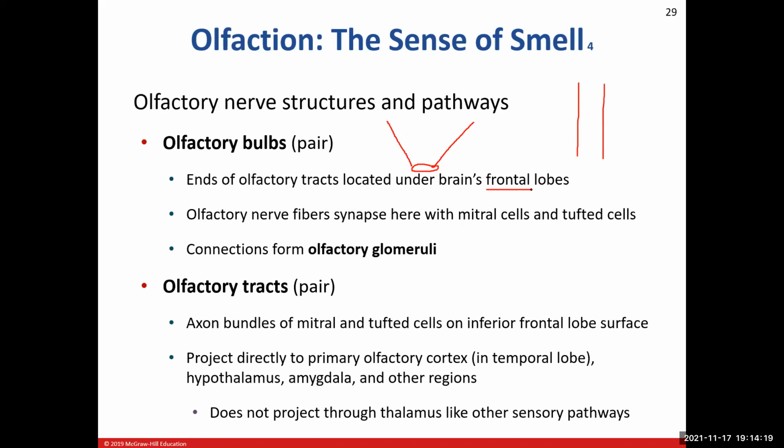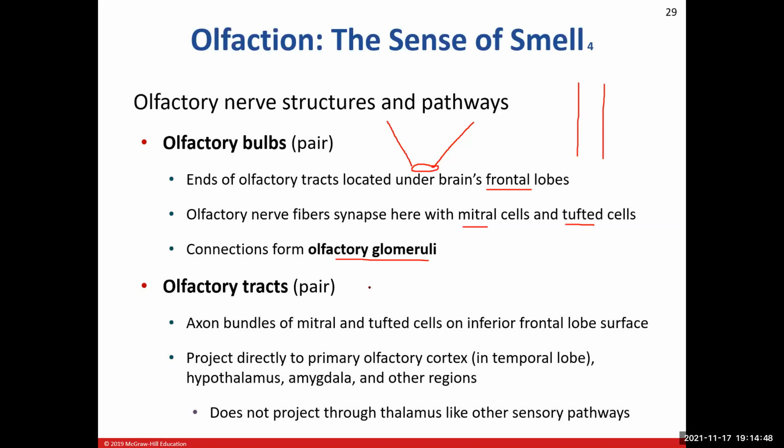And it's here where the olfactory nerves, our primary neurons, are going to synapse with the mitral cells and our tufted cells. And where they synapse, like I said, is the olfactory glomeruli. And then from the olfactory bulbs, we project our secondary neurons back posteriorly towards our olfactory cortex in the temporal lobe.